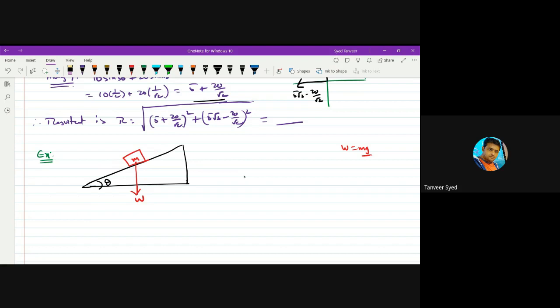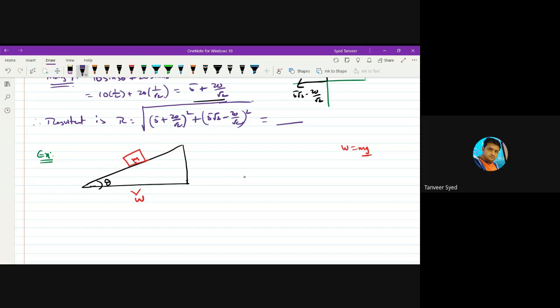Something will be happening in the given situation. So to study that, it will be convenient for us if you resolve the weight of the body into two mutually perpendicular components, one along the incline and the other perpendicular to the incline. So I will resolve weight like this. One component of weight along the incline, another component perpendicular to the incline.